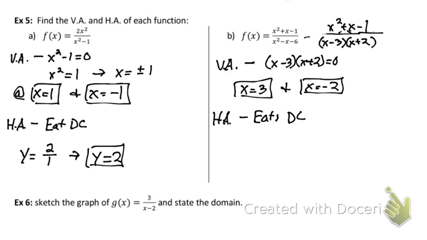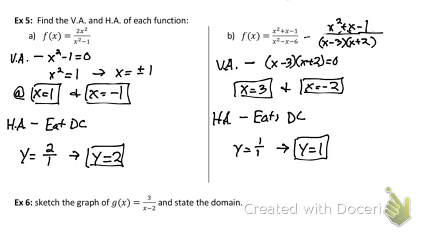DC says divide coefficients. So y equals our lead coefficient 1 over 1, so we just have y equals 1. For these problems, that's all the big work you have to do. You have to just draw your vertical and horizontal asymptotes. Everything else is just picking some points to see where the graph actually lies.